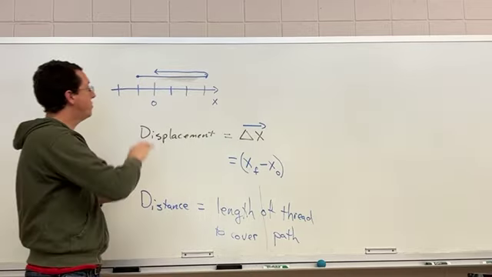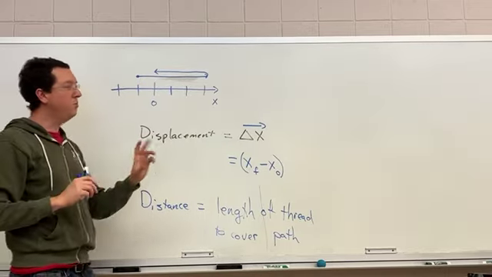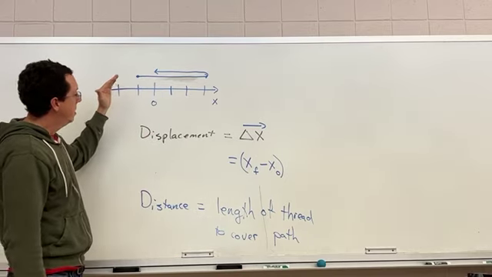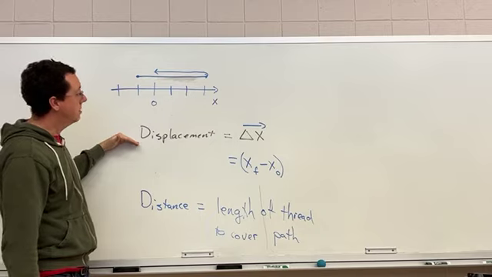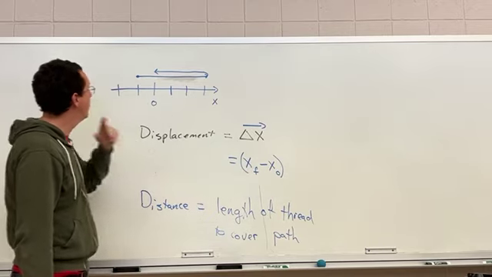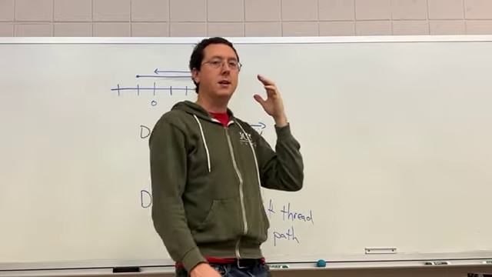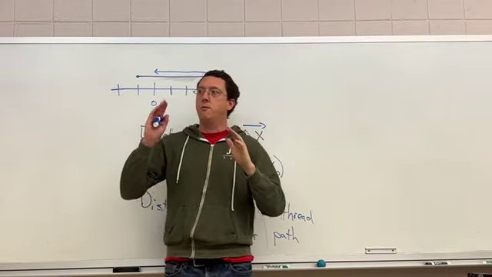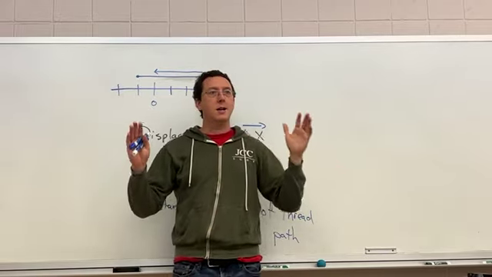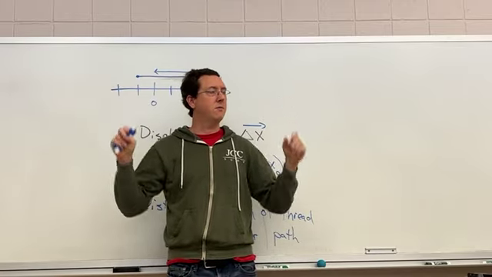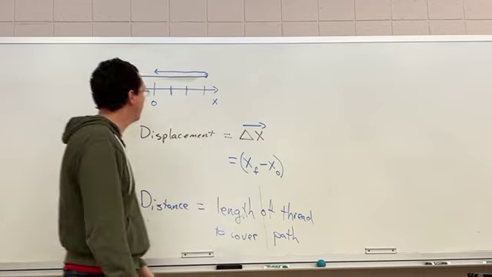This change of direction really highlights the difference between these concepts. Displacement is always just from where you started to where you end, the path as the crow flies. That's the phrase you guys use.